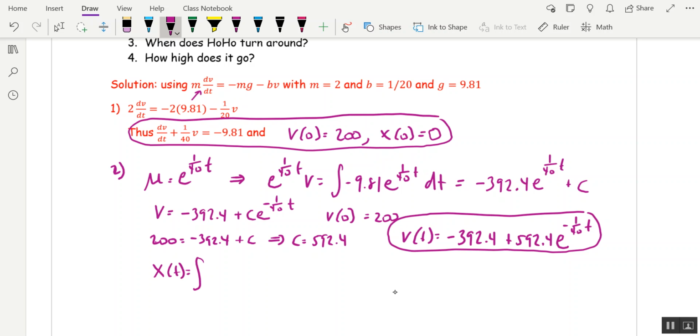So the integral of V of t is negative 392.4 plus 592.4 e to the negative 1 over 40t dt, which is negative 392.4 times t.